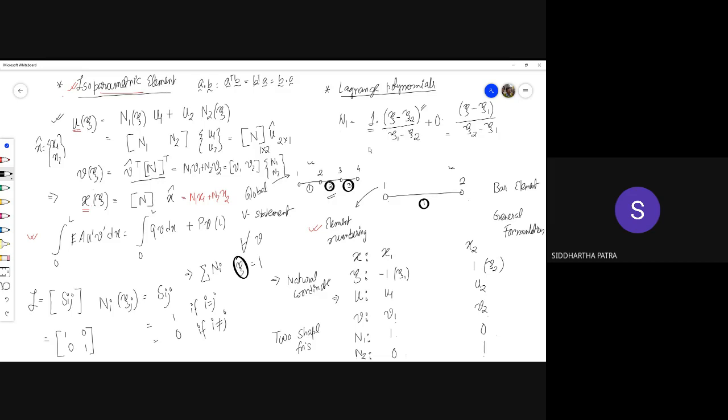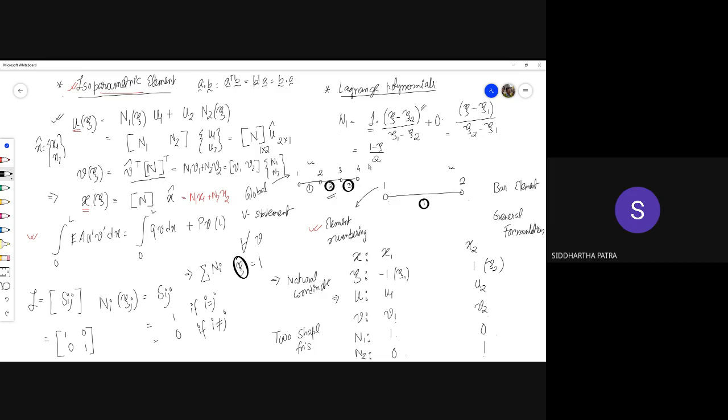So this is what, in the end, your N1 would look like. It would be (1 minus xi) divided by 2.